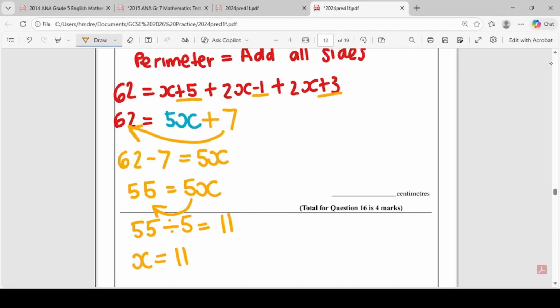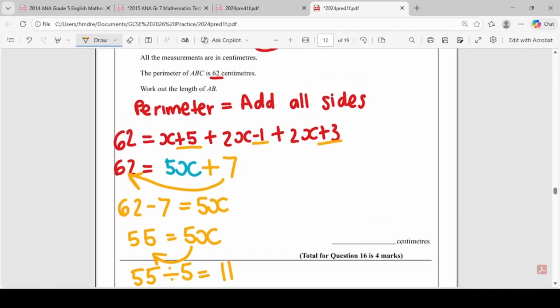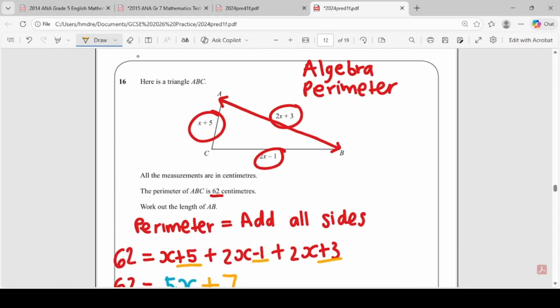Okay, and that is a lot of work, but we are not done yet. So we've got x is 11, and they want us then to work out the length of AB. So that is this one. So AB is 2x add 3, and we're just going to sub in our x value.